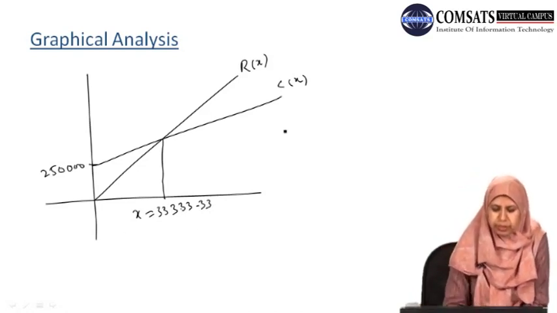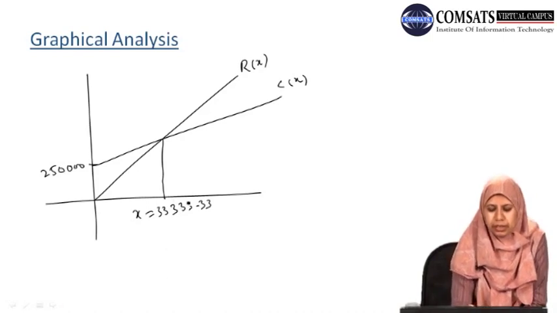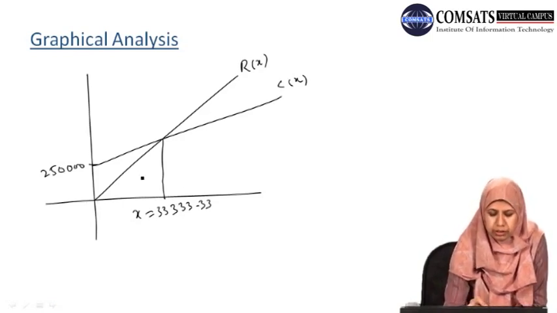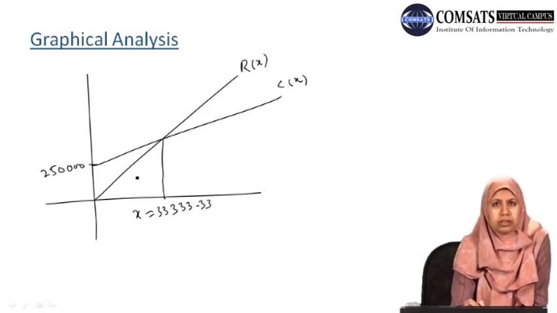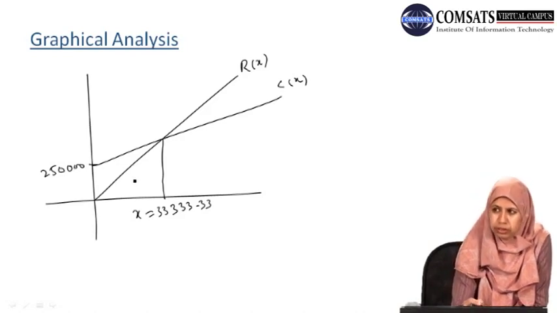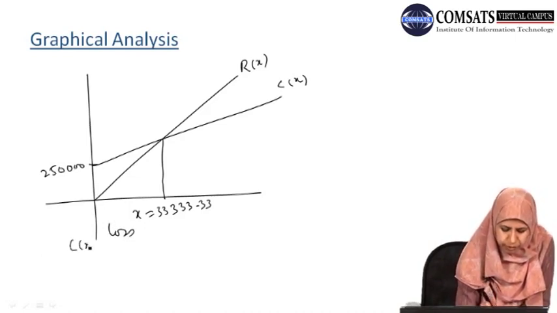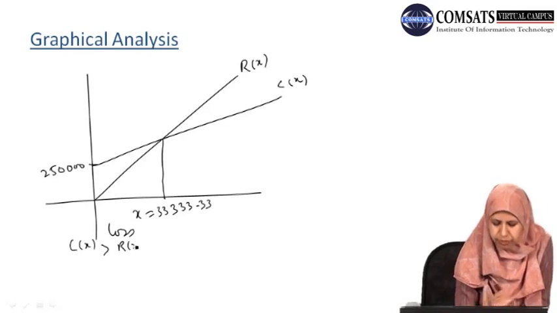If we observe our graph, clearly before the break-even point, that is on the left of our break-even point, the cost function is greater than the revenue function. So the firm will have a loss, because here C of x is greater than our revenue function.